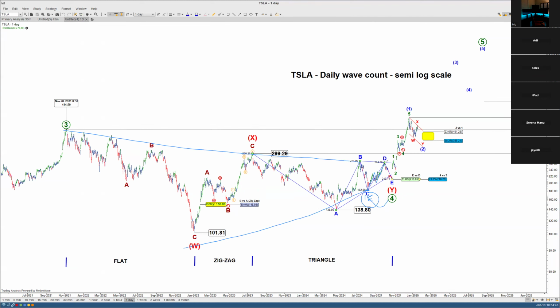It's not a five-way move in order to make a case for this wave 2 as a 1 2. I already looked at it. There is no chance in hell that you can count this as a five-way move. This is a three-way move. So it just doesn't work.